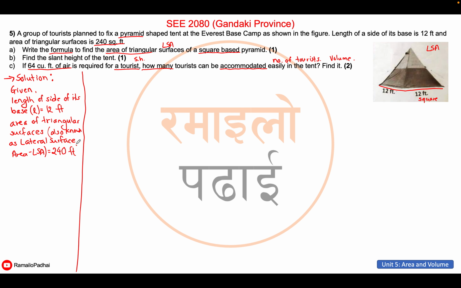So we will write FT square, and now we will start this solution.